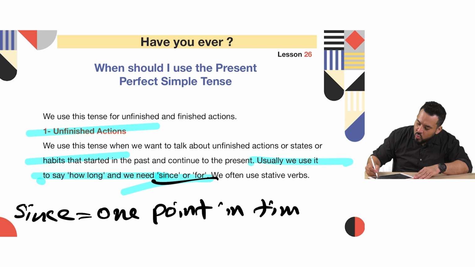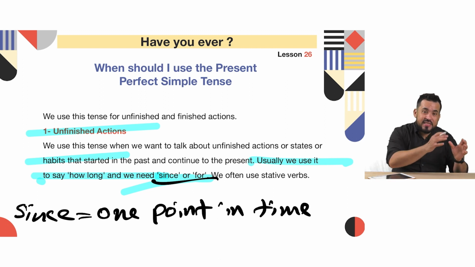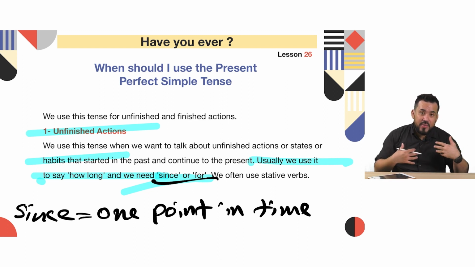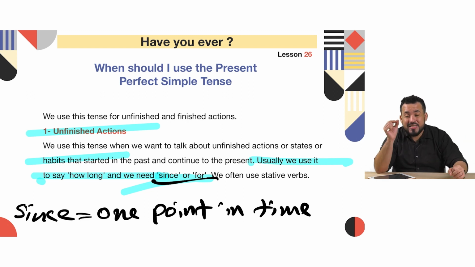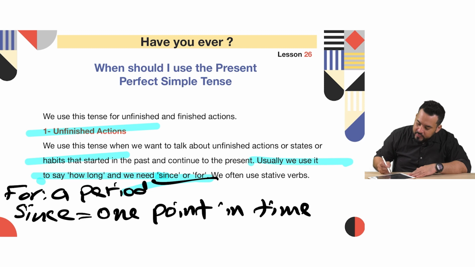That is why we use since. For example, I've known her since 2008. That means this is when me knowing her has started. This is a starting point in time. So since refers to one point in time, while for talks about a period in time.